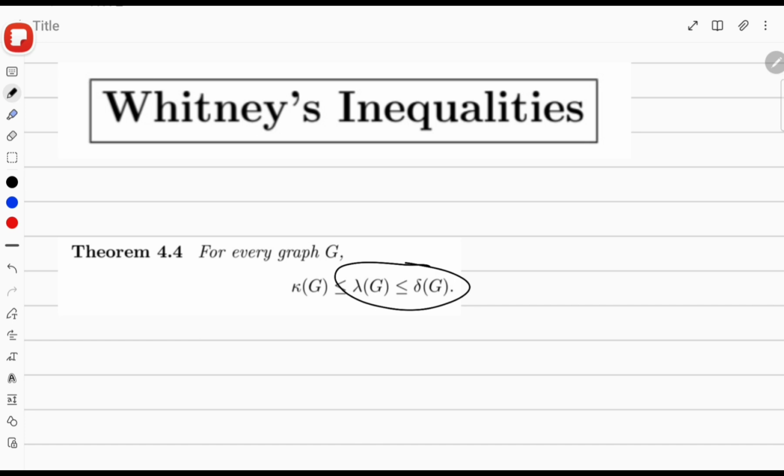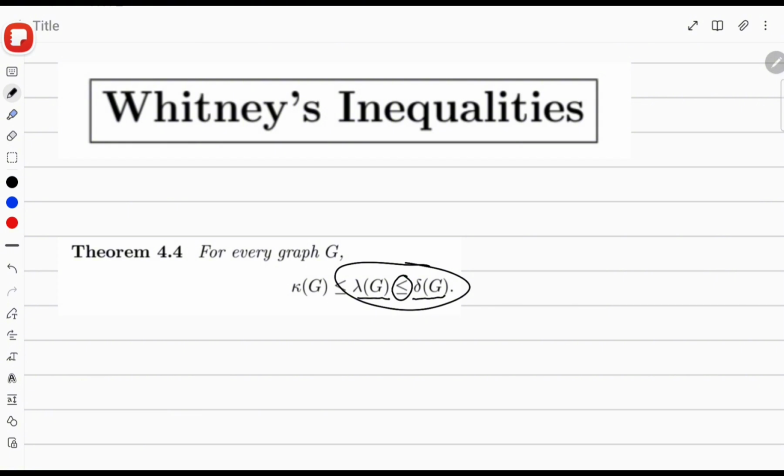Based on observation 4.1, which says that the edge connectivity, which is the lambda of G, is at most, or not more than, the minimum degree.